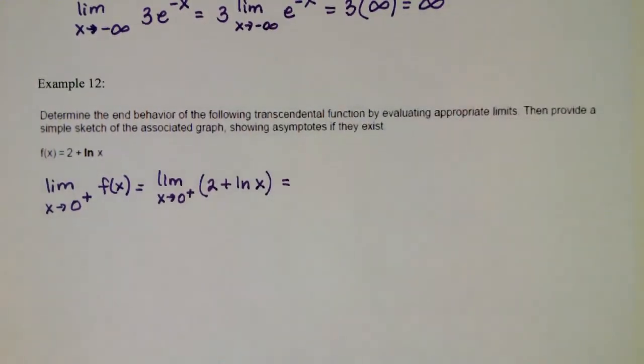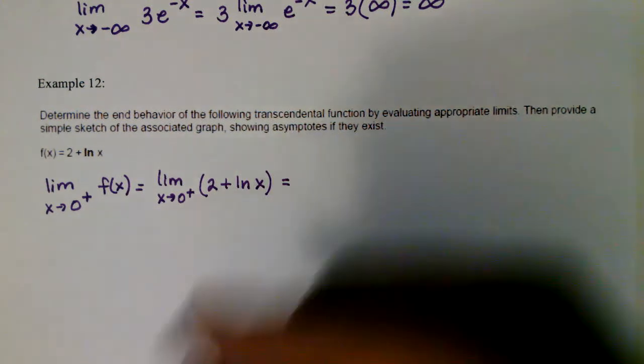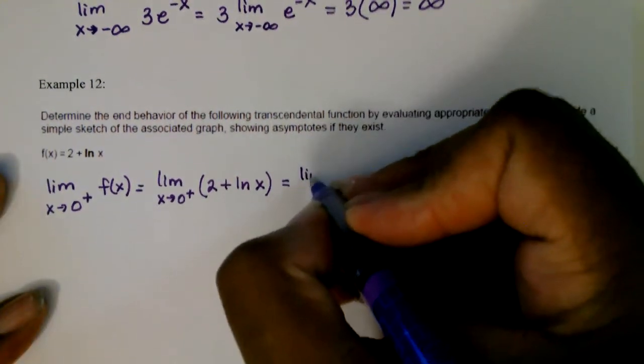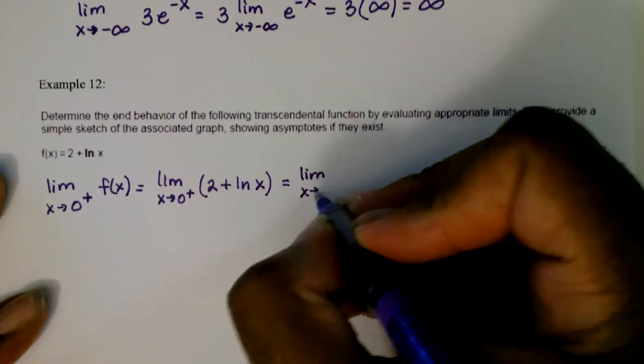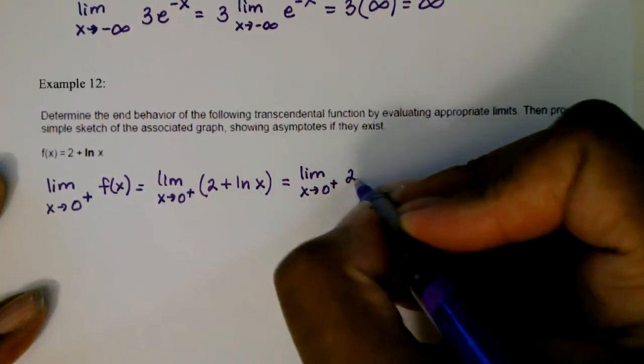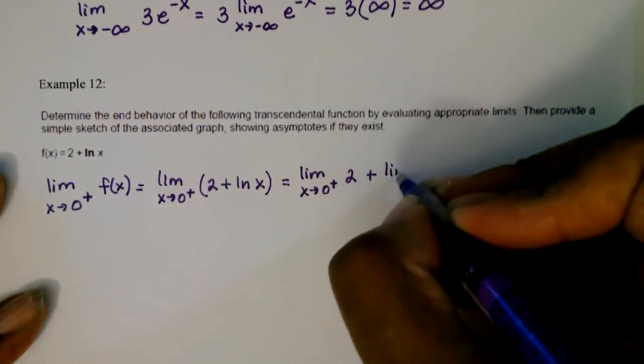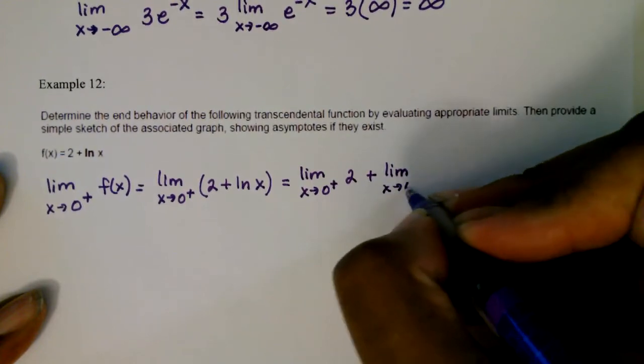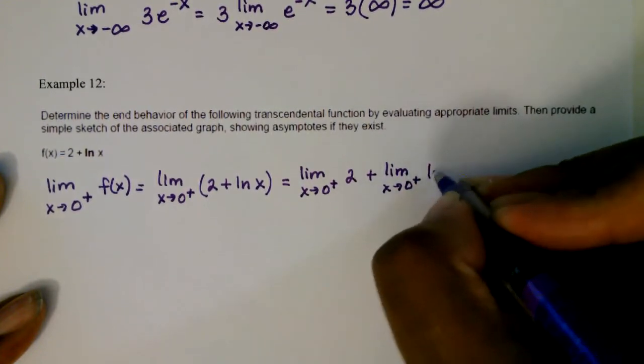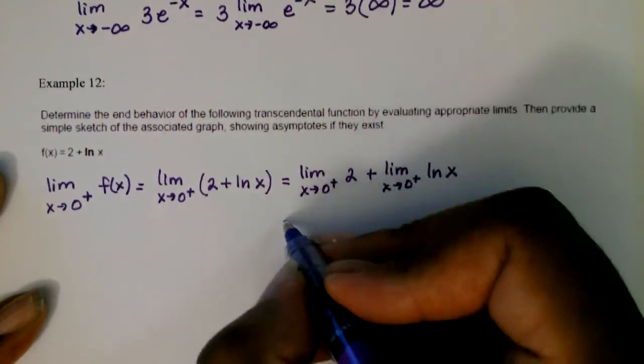All right, I have a limit of a sum. I can write that as the sum of their individual limits. So I can write this as the limit as x approaches 0 from the right of 2 plus the limit as x approaches 0 from the right of ln of x.